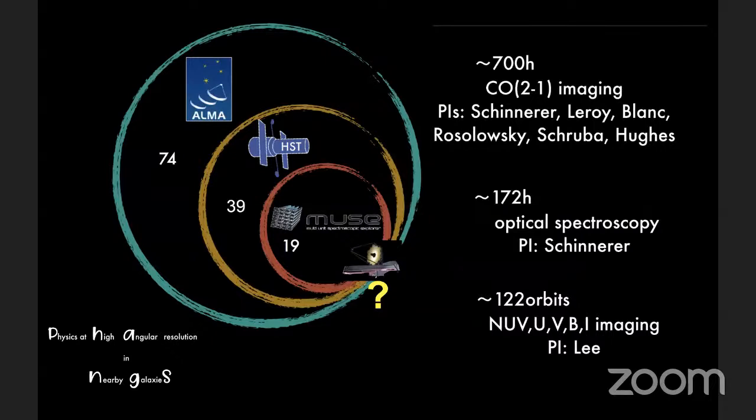In addition to the ALMA and HST data for the sample, PHANGS has also obtained VLT-MUSE data for 19 galaxies, and that further enables joint studies with the optical emission line tracers of the warm ionized gas. Now, this speaks back to the challenges of doing this kind of intersectional work. This project is really only possible through a collaboration of collaborations.